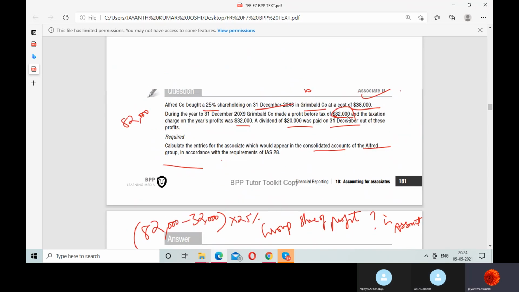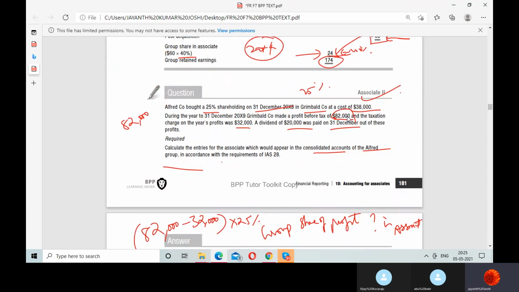And out of that something is given, not dividends, 20,000. So 20,000 ka 25% is how much? 5,000, huh? 5,000.